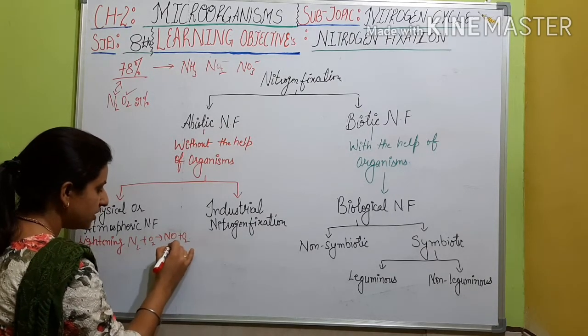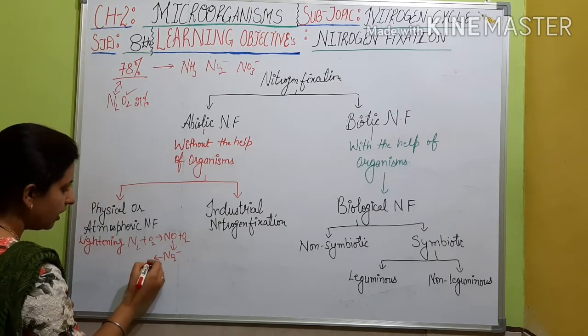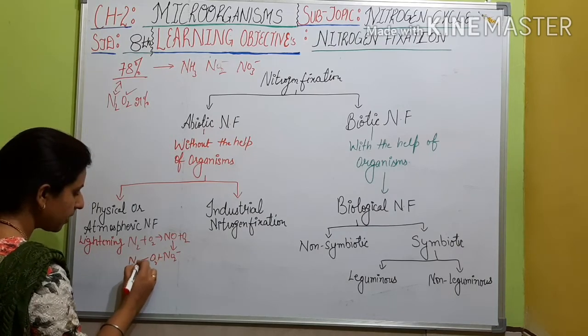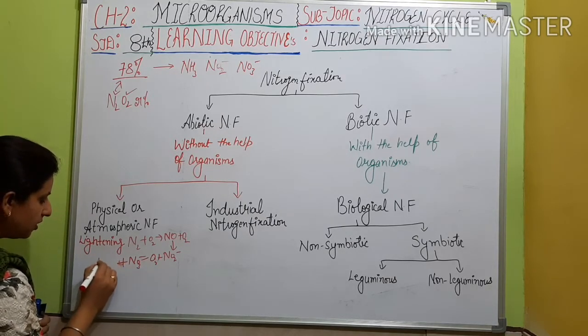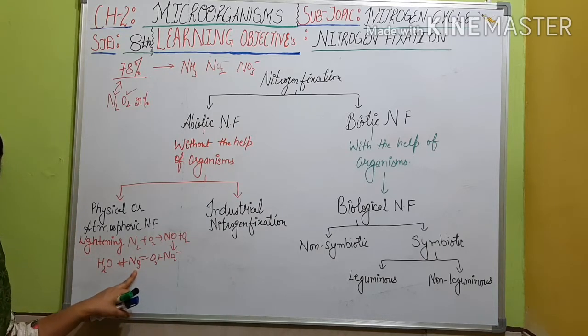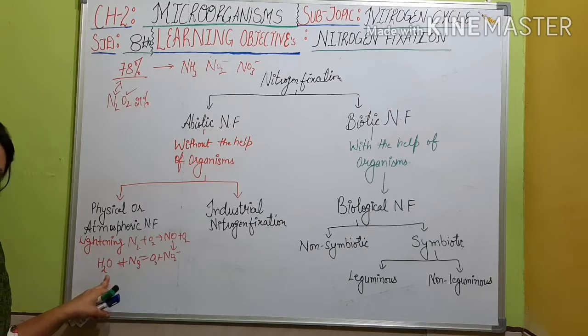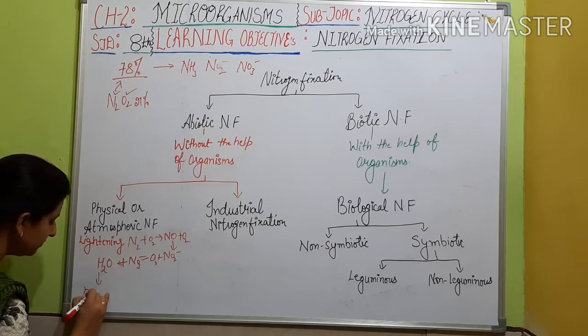Again this combines with oxygen to form nitrite. Again this nitrite combines with oxygen and forms nitrate. When the nitrate is formed in the air under high temperature and pressure, with lightning and thunderstorm, the water is also there as rain. So with the help of rainwater, this nitrate will combine and form nitric acid.